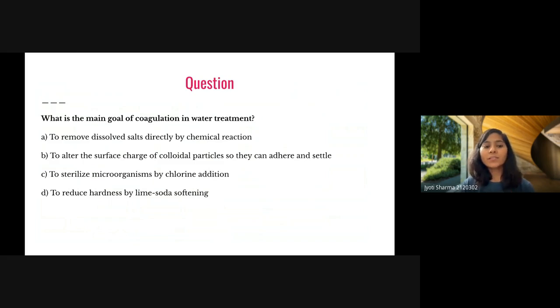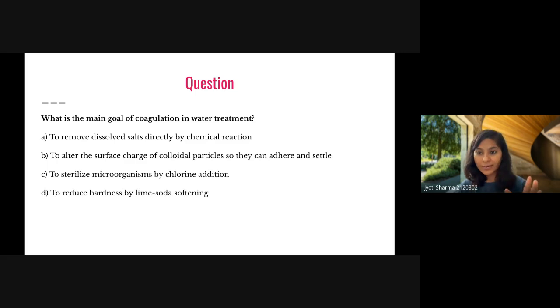Okay, so what is the main goal of coagulation in water treatment? We have four options: to remove dissolved salt directly by chemical reaction, to alter the surface charge of colloidal particles so they can adhere and settle, to sterilize microorganisms by chlorine addition, to reduce hardness by lime soda softening.